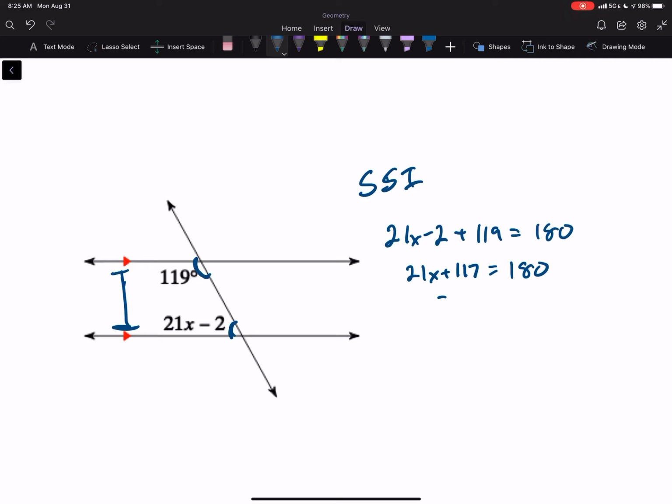Okay, now I'm going to get rid of the 117 from that side. I'm going to do the same matching thing on the other side. So that's going to leave 21x on this side, and this is going to leave me with 63 on that side. Divide each side by 21 to get rid of that, and x is going to be equal to 3.